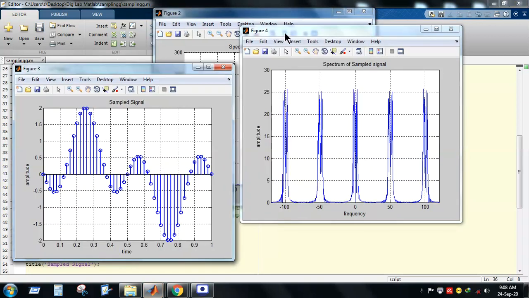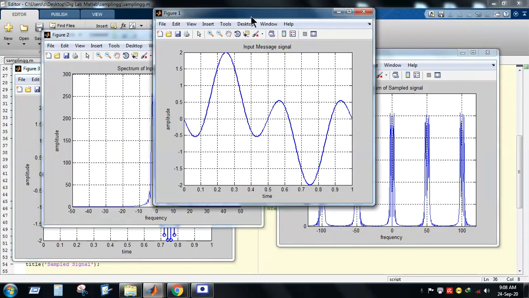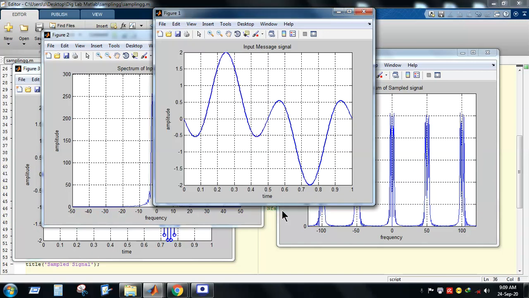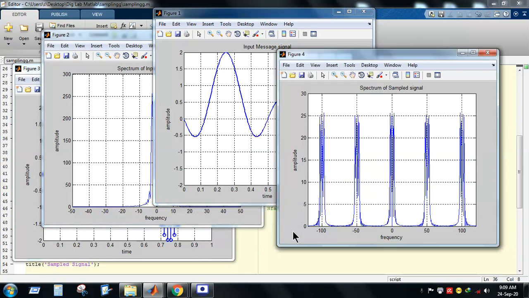Okay, so figure 1 corresponds to the input message signal, and figure 2 corresponds to its spectrum, whose maximum amplitude lies within 10 hertz, so the bandwidth is 10 hertz. So the minimum Nyquist rate is 2 times 10, that is 20 hertz for this practical problem.